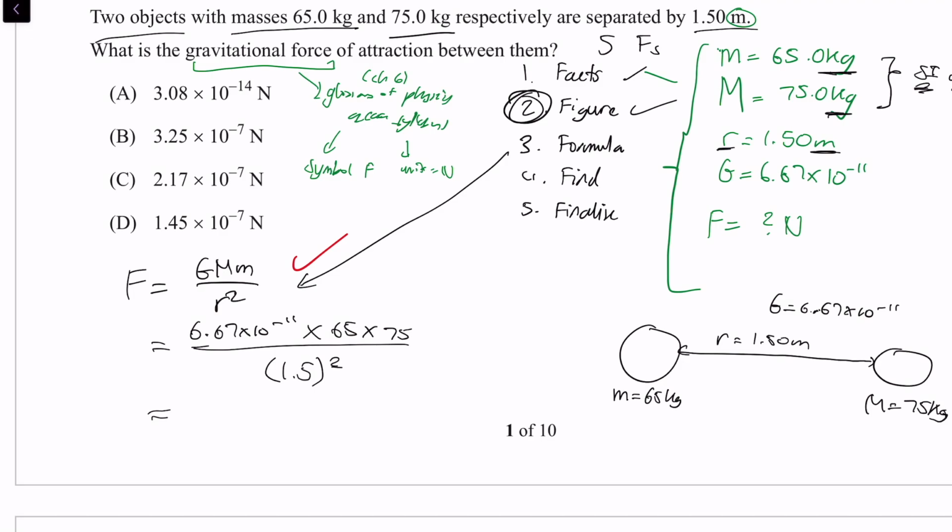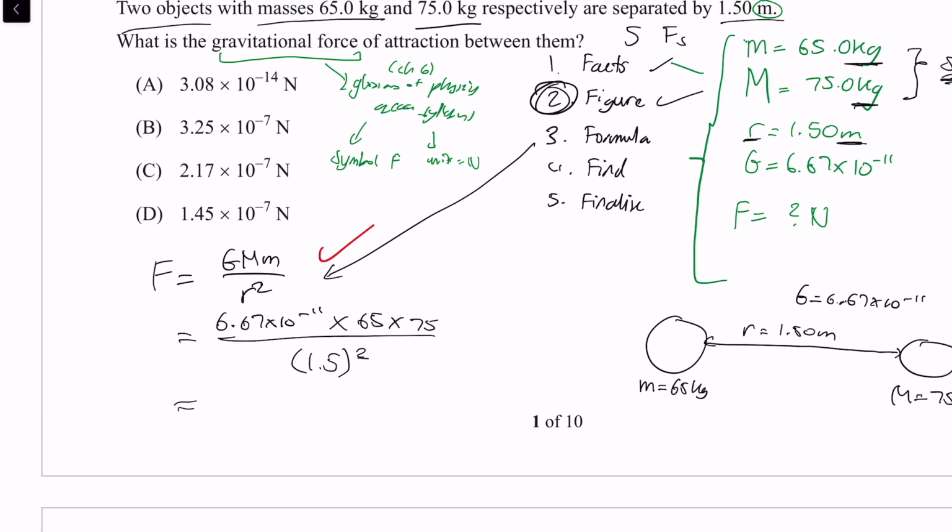So we've got 6.67 times 10 to the negative 11 times 65 times 75 over 1.5 squared. We can see that we have our value, and if we round it to 2 decimal places with scientific notation, we have 1.45 times 10 to the negative 7.